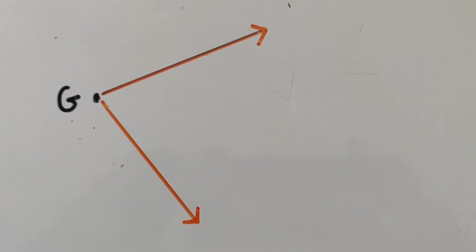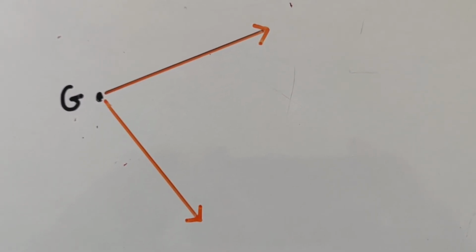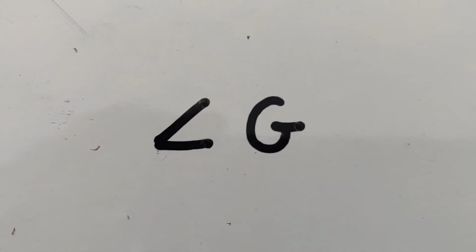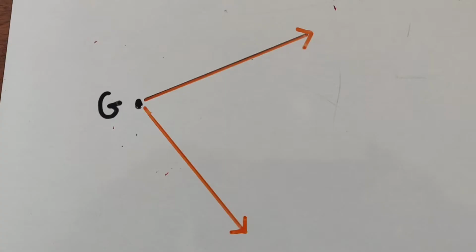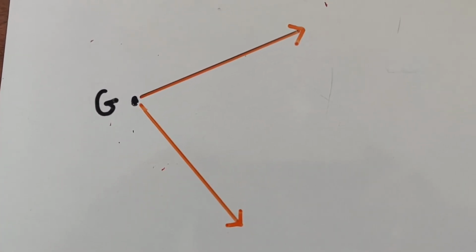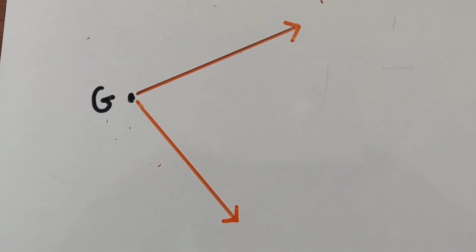So we would just name this angle G. And that's how you represent the name angle G. Notice that first part, that's a symbol for an angle, and then here the letter G, because this angle starts at point G, so the name of the angle is angle G.